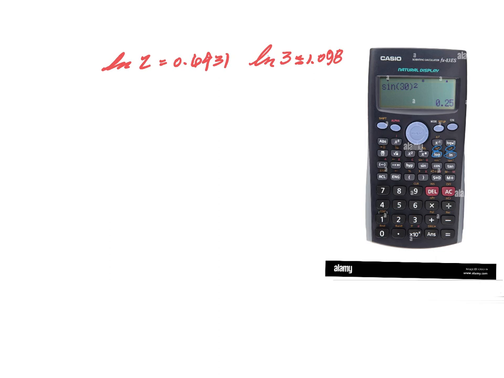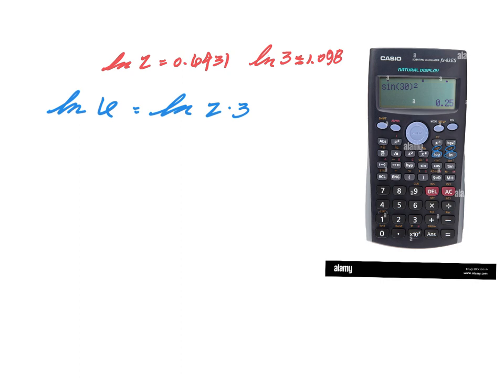In this problem, they give you what the natural log of 2 is and what the natural log of 3 is. And they said, okay, that being the case, find ln of 6. In your old stuff in 8.4, we could write ln of 6 as ln of 2 times 3, because we know what the natural log of 2 and natural log of 3 are. So we're going to break the 6 down to 2 times 3.